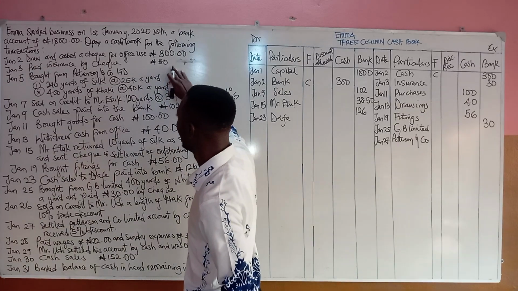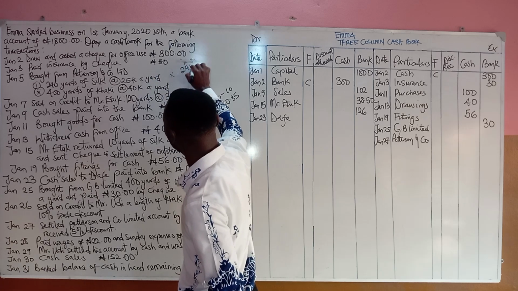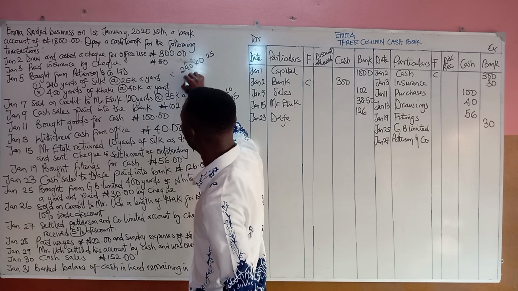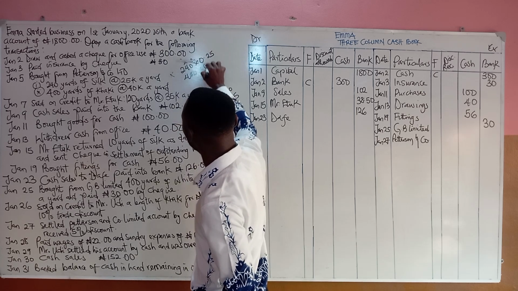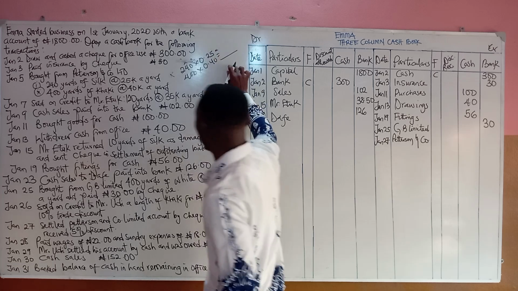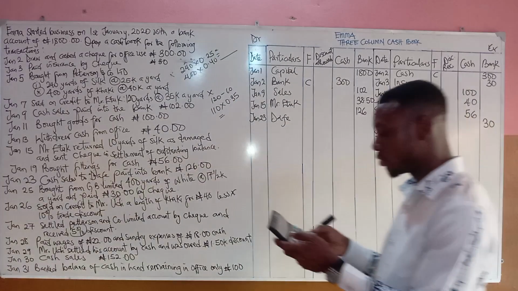So how much did he pay? We have 240 at 25 kobo. I'm going to do 240 multiplied by 0.25. Then I'll do 400 multiplied by 0.40. Then from the amount I have, I'm going to do 5% discount. So come with me.